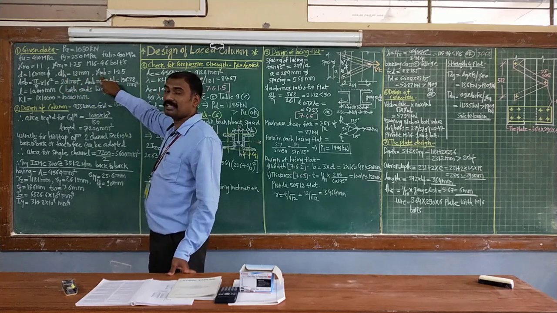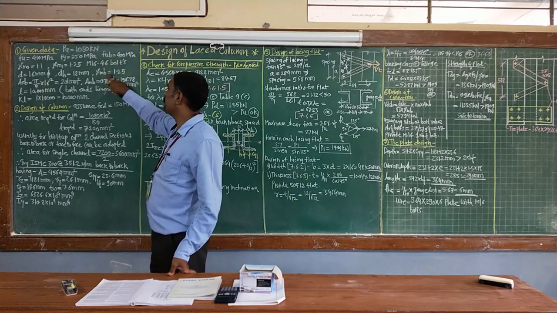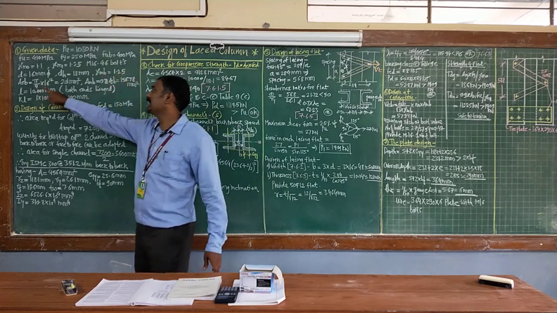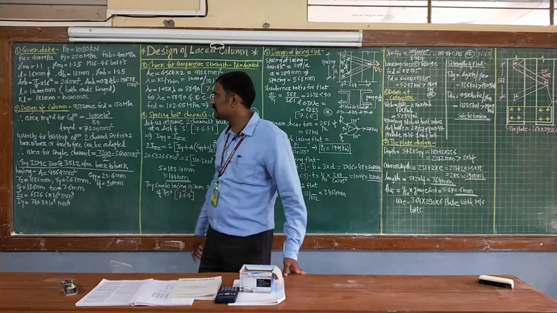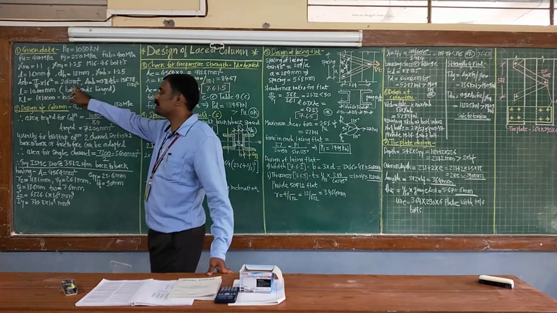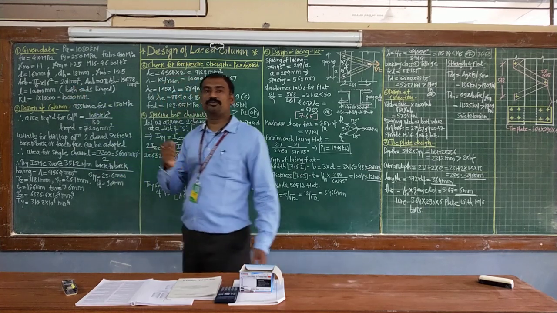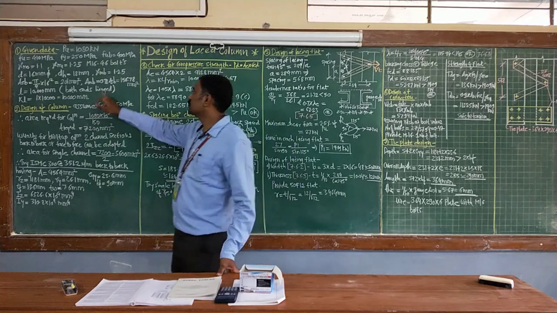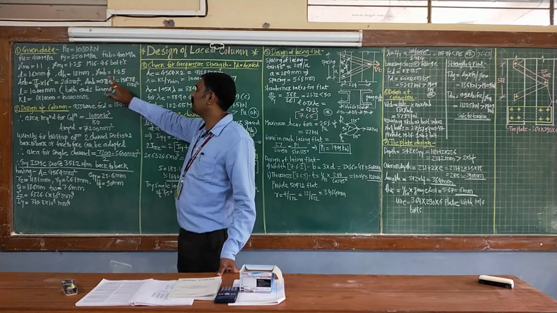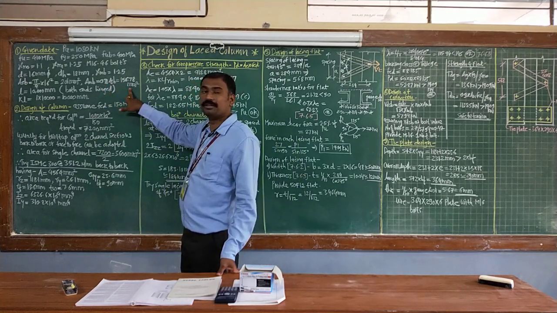Then the partial safety factor for bolts, gamma mb, is 1.25. Here the area of shank is pi by 4 into diameter squared, that is 16 squared, equals 201 mm square. And again because of the provision of threads, there will be a reduction in area, equal to 0.78 times. So 0.78 into ASB value gives 156.78 mm square, correct?